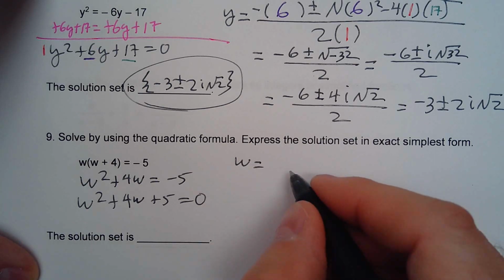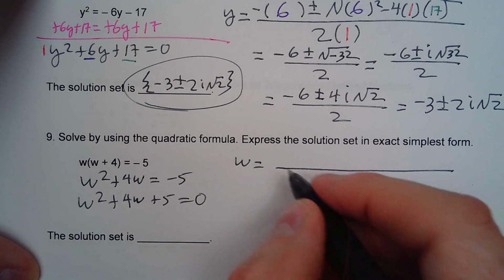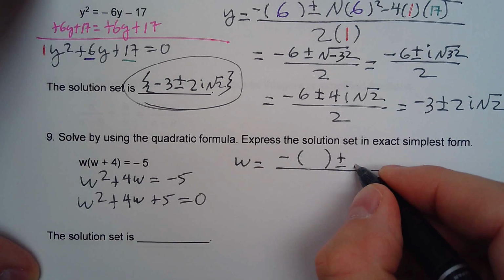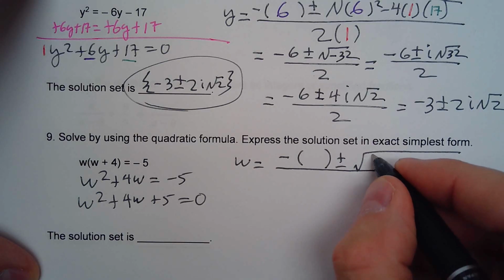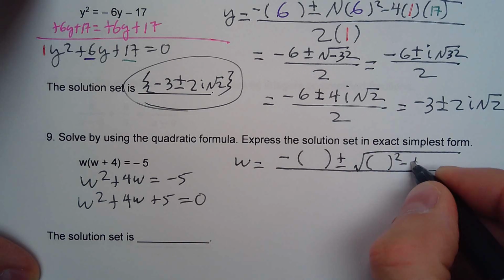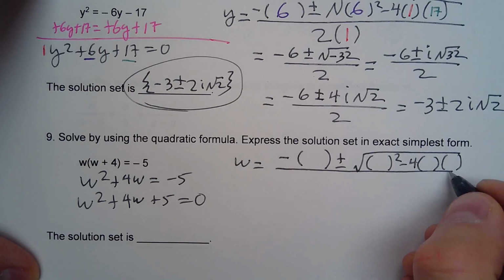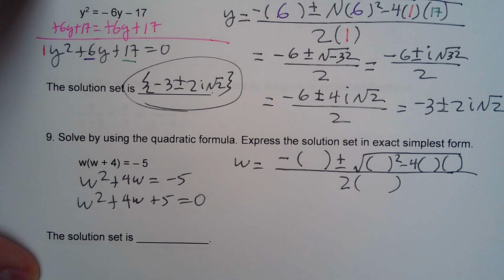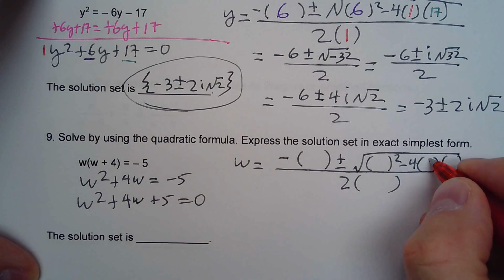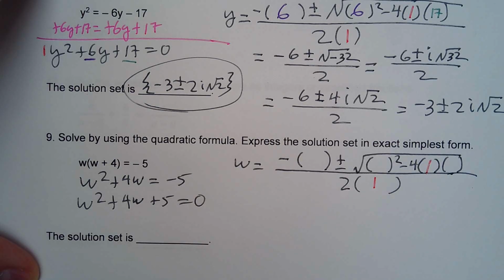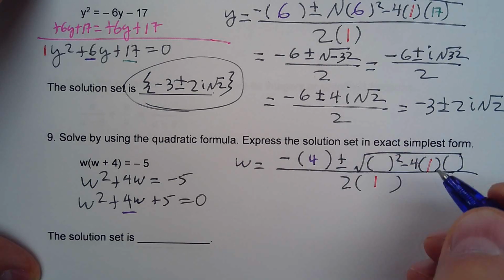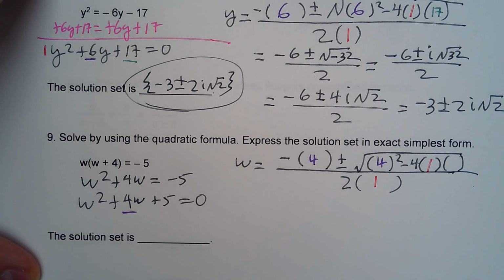And then we whip out the quadratic formula. A here is 1, b here is 4, c here is 5.